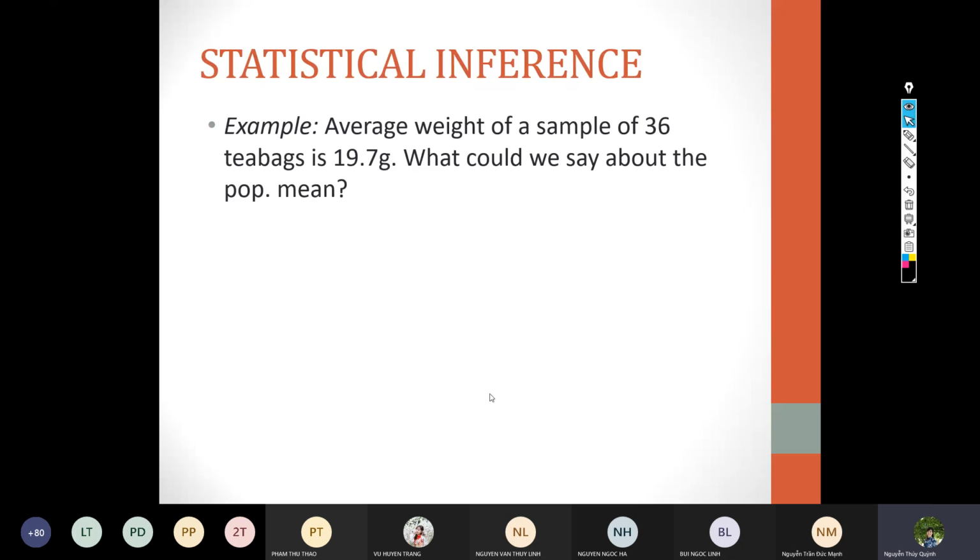Those parameters, the mean and the variance of the income of all households in Hanoi, we can get by collecting the data of income of all households in Hanoi and calculating the exact value of the population mean and variance.